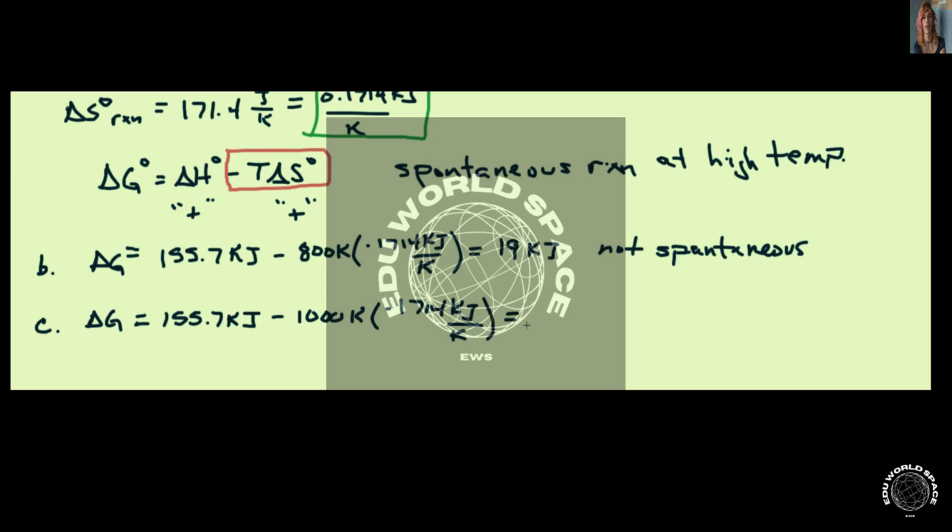When we do the math, we get a value of negative 15.7 kilojoules. That's negative, so that is spontaneous. So when we get to a high enough temperature, some temperature between 800 and 1,000 Kelvin, that is the temperature at which the reaction will be spontaneous.